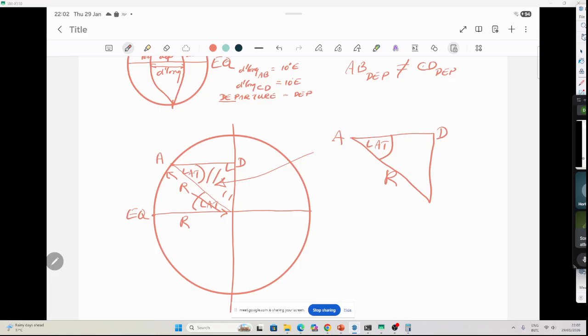This is D, right? Then AD divided by R is what? AD from mathematics, AD divided by R, cos latitude, isn't it? Are we clear? Okay.